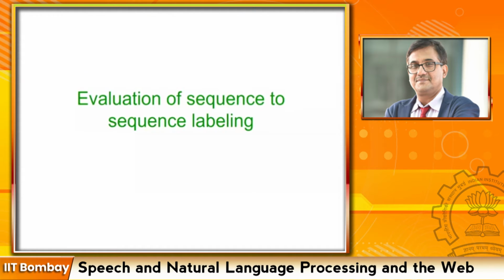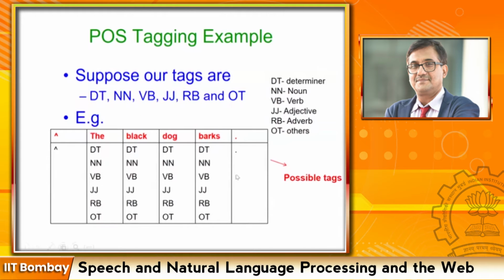So let me take the last agenda first. Evaluation of sequences when they are labeled. Okay, sequence to sequence labeling task, and we would like to evaluate the accuracy of sequence labeling. Part of speech tagging is something we are familiar with.